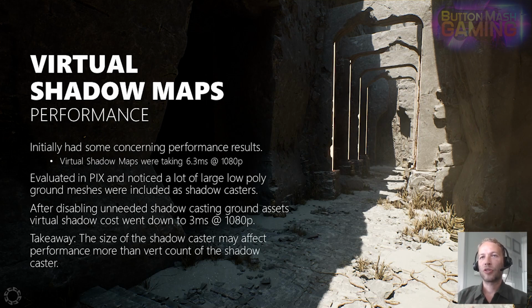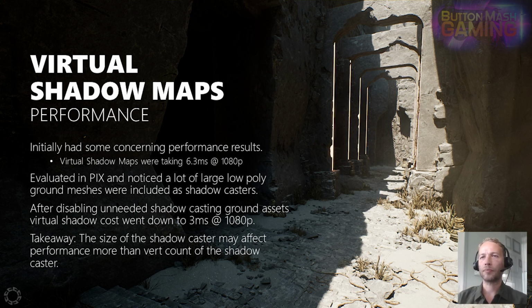Performance for virtual shadow maps. We initially had some concerning results in this scene. Virtual shadow maps were taking about 6.3 milliseconds at 1080p, which was not good. We evaluated in PIX, and I was looking through PIX and noticed there were these really large shadow casters that were costing like 0.7 milliseconds each, and this was really hurting us.